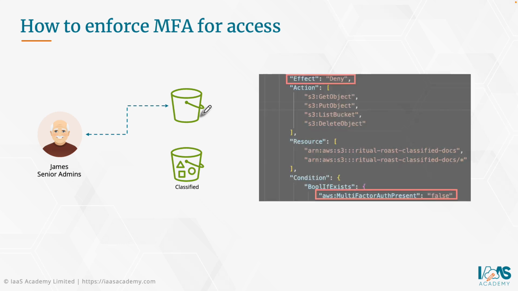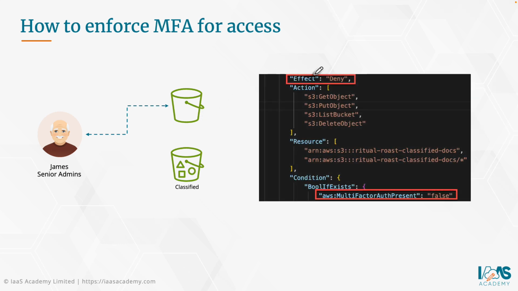So here we could apply a policy that actually denies access to this bucket. This is the Richer Roast classified documents bucket, where he can get, put, list, or delete objects from this bucket. These actions are actually denied, unless, of course, he happens to log in with multi-factor authentication. And the way it works is kind of a reverse engineering approach.